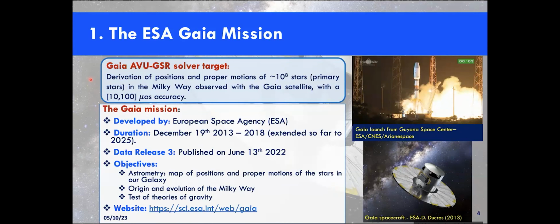It was launched in late 2013, and it was initially scheduled to last for 5 years, and then it was extended up to 2025. The last data release was published last June, and its main objectives are to make high-resolution astrometry, to map the positions and the proper motions of the stars in our galaxy, to properly investigate the origin and the evolution of the Milky Way, and to test the different theories of gravity.